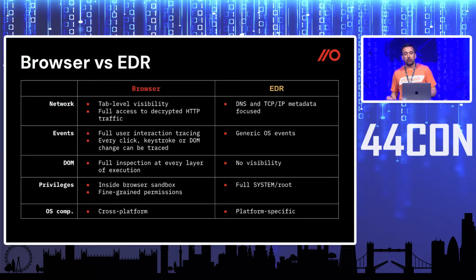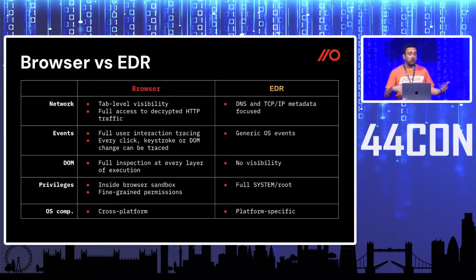From an events perspective, you're not just getting generic OS events like you do in EDR. You're seeing everything the user does within the browser. You're seeing full user interaction tracing. Every click, every keystroke, every DOM change that occurs within a tab, you can see and instrument. You can inspect every layer. The EDR doesn't have that level of detail, obviously because it's not designed to.